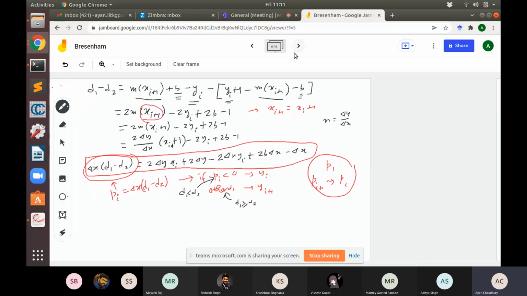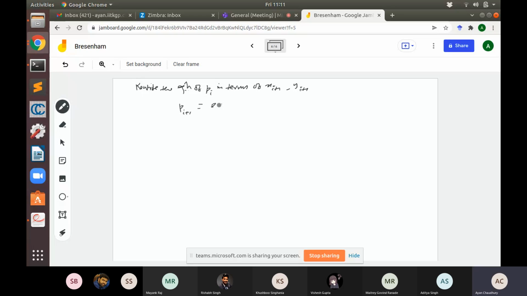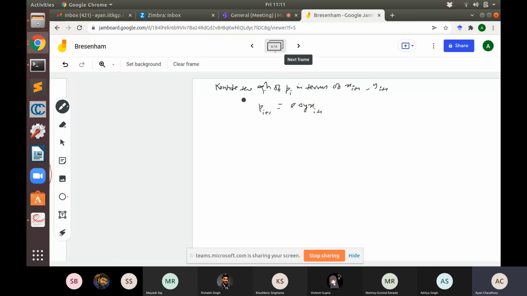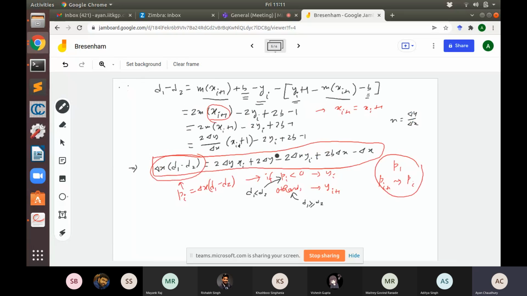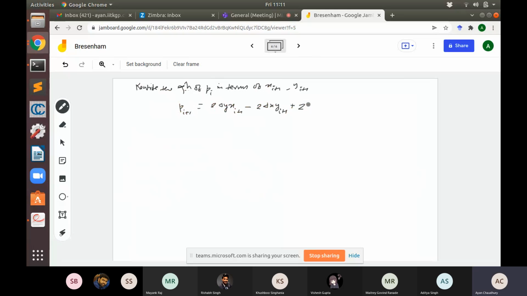Then it will look like 2 delta y times xi plus 1, plus c1, plus 2 delta y, minus 2 delta x times yi plus 1, plus 2 delta y, plus delta x times 2d minus 1. It's just simplifying the equation.